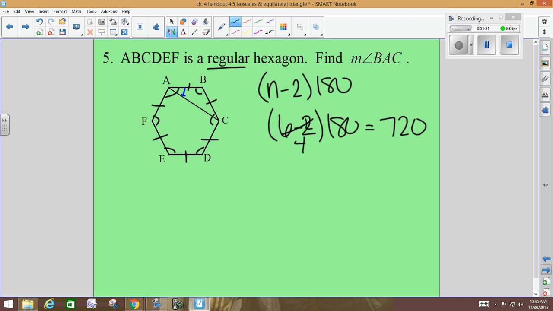Why? To get each of the angles? I think that's a good idea. What's 720 divided by 6? 120. So each of these black congruent angles are all 120. I'm just going to label one of them, but since I marked them, we know all of them are 120. But I've got to figure out what that little blue one is.